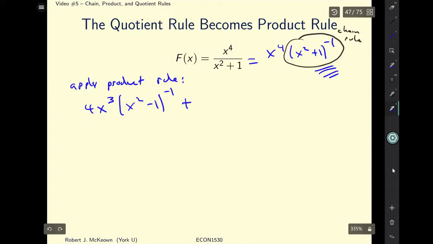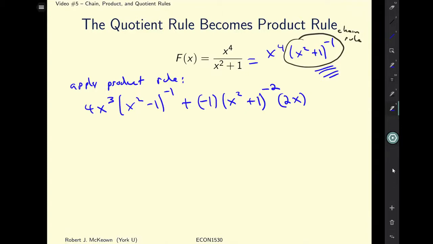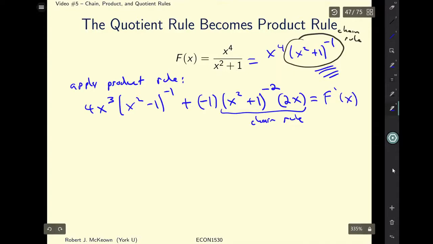So I've got plus, applying the chain rule, the negative 1 comes down, and I've got x squared plus 1, negative 2 now, negative 1 minus 1, that's negative 2, multiplied by the inside, right, that's the chain rule, and this whole thing is going to be equal to big F prime x.